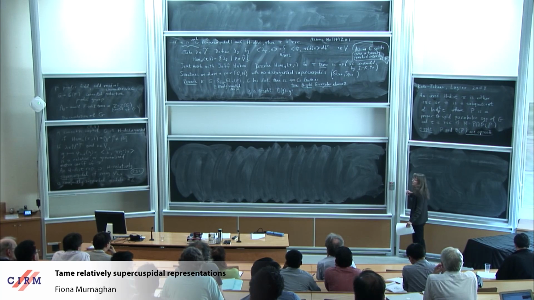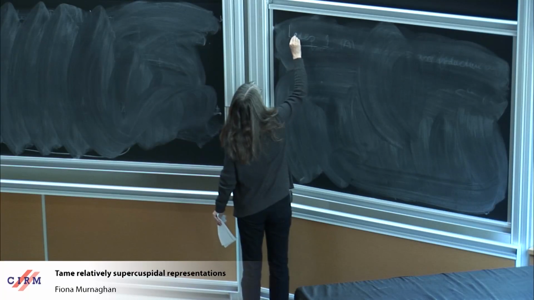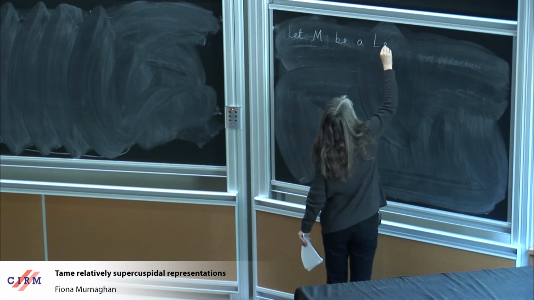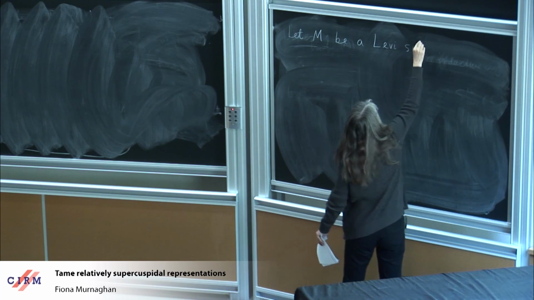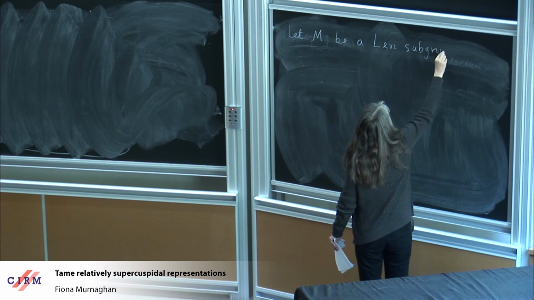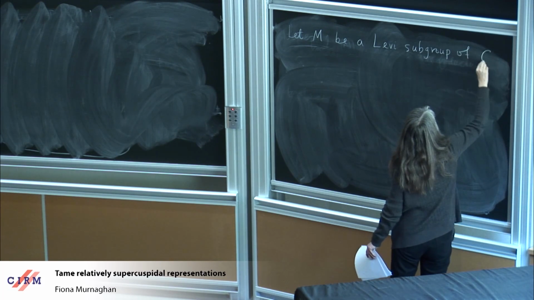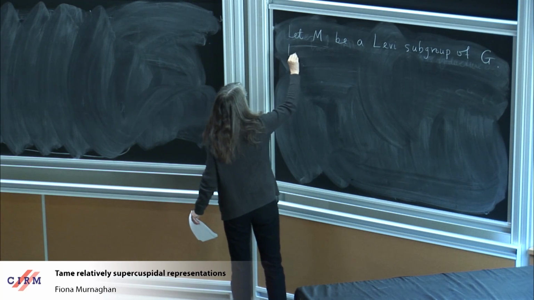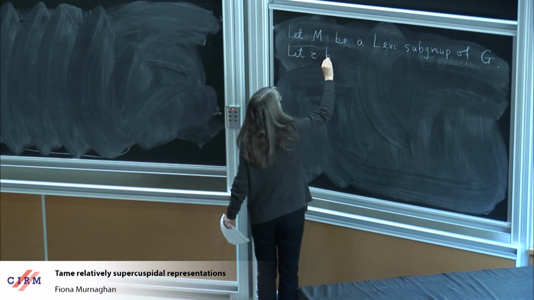So now we're going to take a Levi subgroup, and then a tame supercuspidal representation.